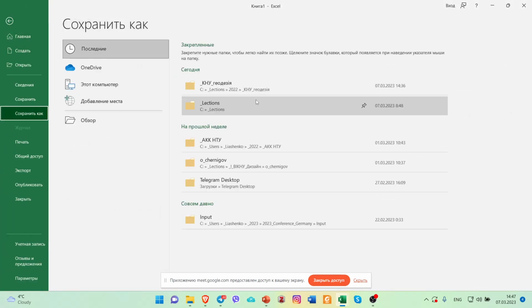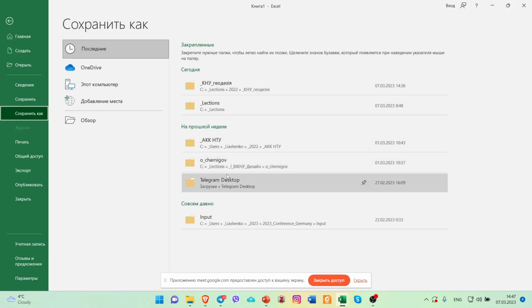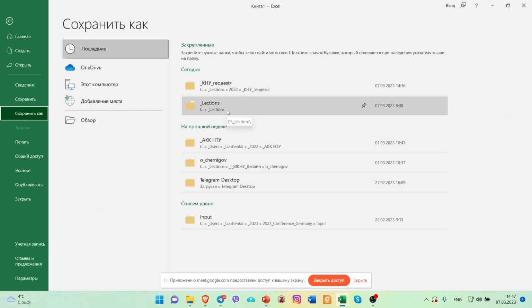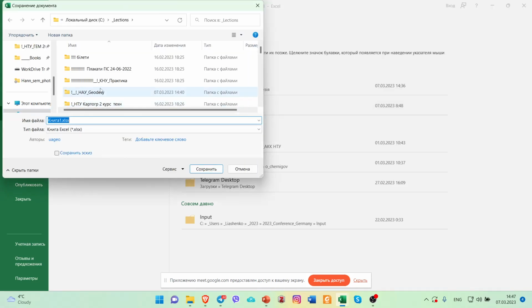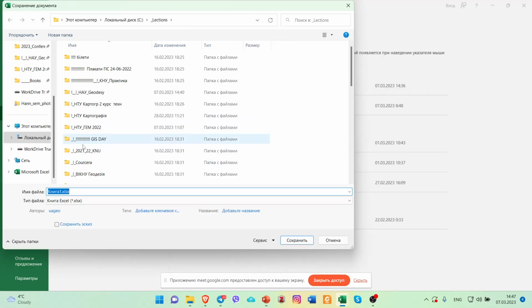Let's save our work in the particular place, and it will be the next home task.